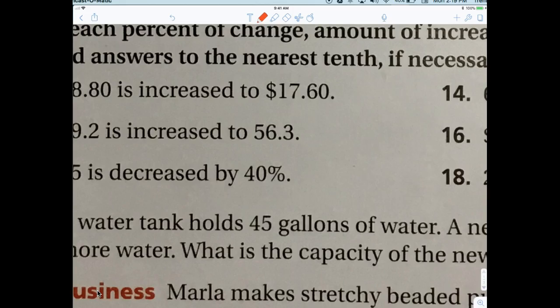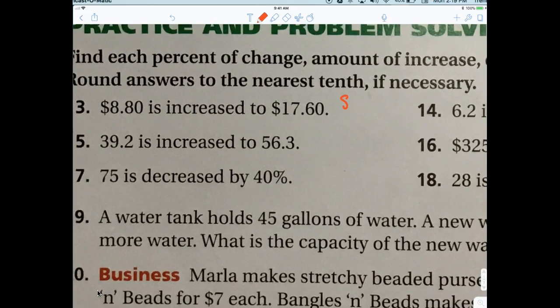Yep. So now I put 8.8 down. And what do I divide it by? Nope. Because you divide by what you started with, Thomas. So divide that by 8.8.